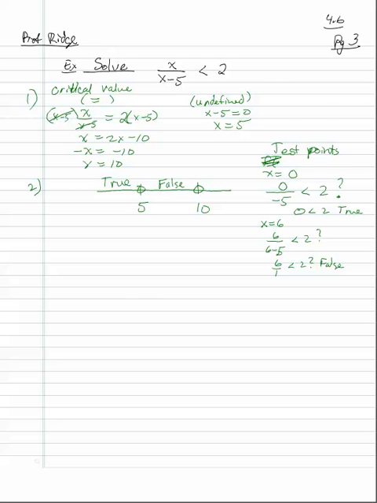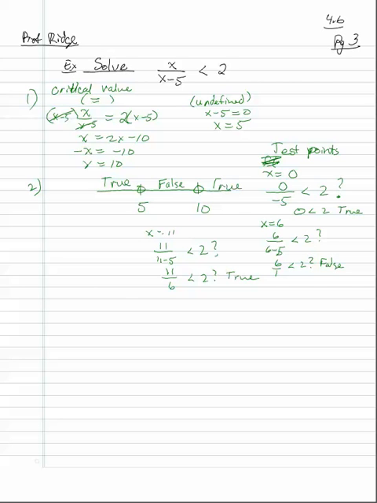So if I select a number in the last interval, say 11, we're going to test x equals 11. 11 over 11 minus 5, is that less than 2? So 11 over 6 is 1 point something. So that's true.